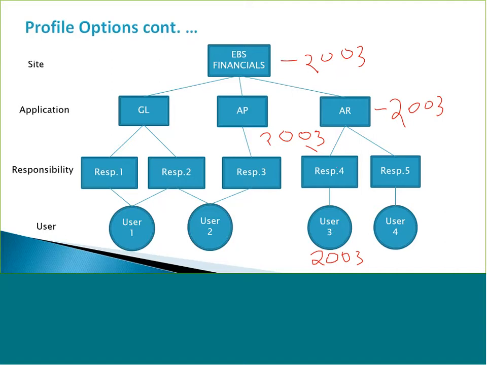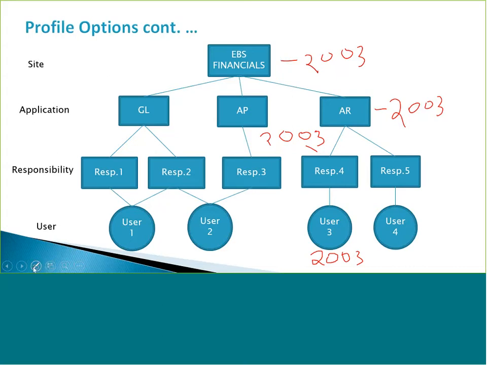And then if nothing has been defined at the responsibility level, it will then go to the application level. And then the highest level is the site level, if nothing has been defined for each of these levels, right? So even for our example, let's use our example for the ledger, right?